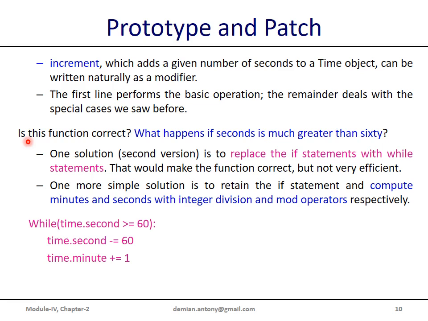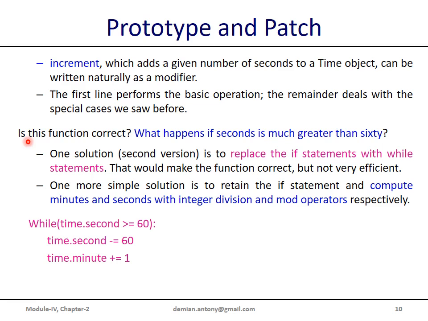Only after addition we might get a value more than 120. In that case, let us say the parameter seconds has 70 and we have something here, 55. Definitely the addition will go above 120 and we will not get the correct result.